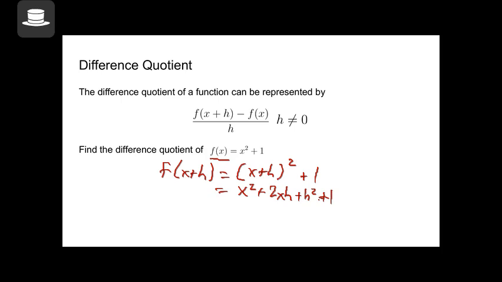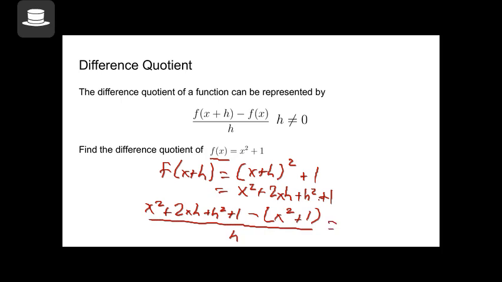Okay, so now I want to take this new x plus h and plug it into the difference quotient. So I have x squared plus 2xh plus h squared plus 1 minus the original function of x squared plus 1, and that whole thing is divided by h. Okay, so if I look here at some like terms, I can go ahead and simplify. So I have an x squared minus x squared, so I can get rid of that. I have 1 minus 1, so I can get rid of that.